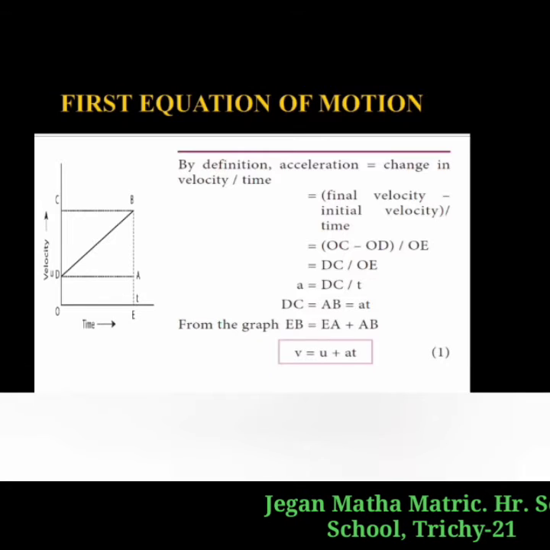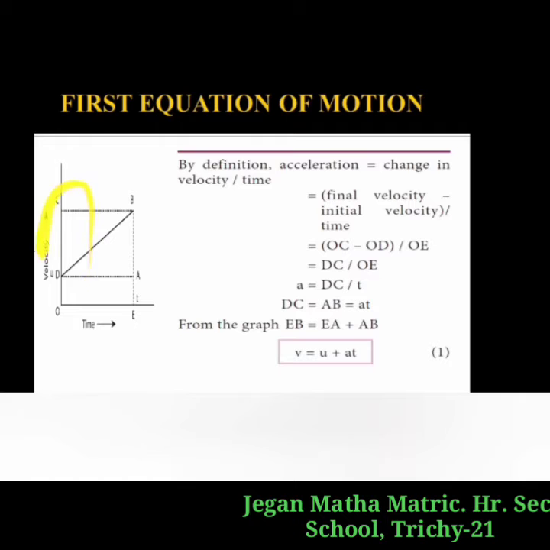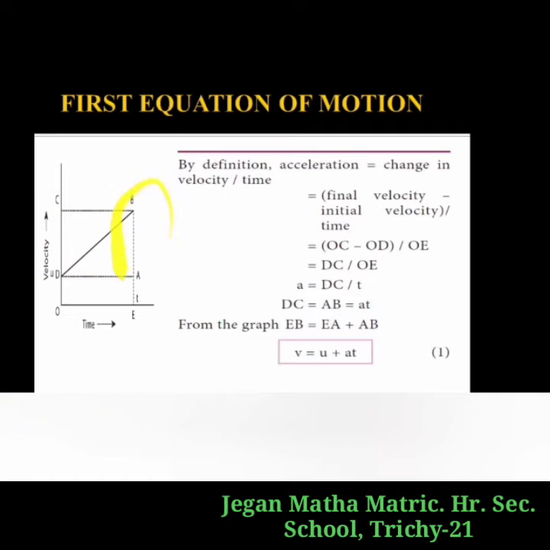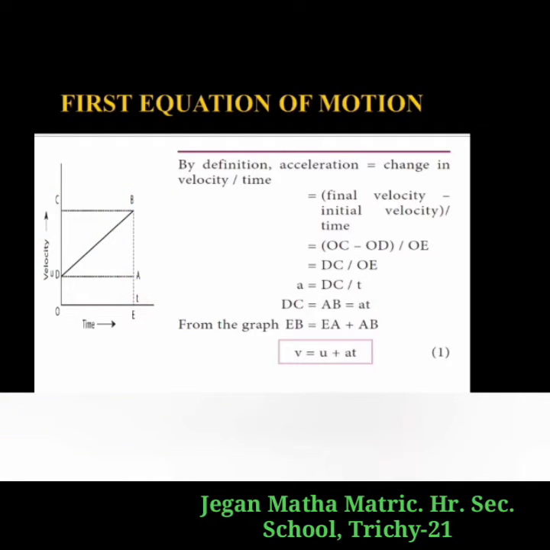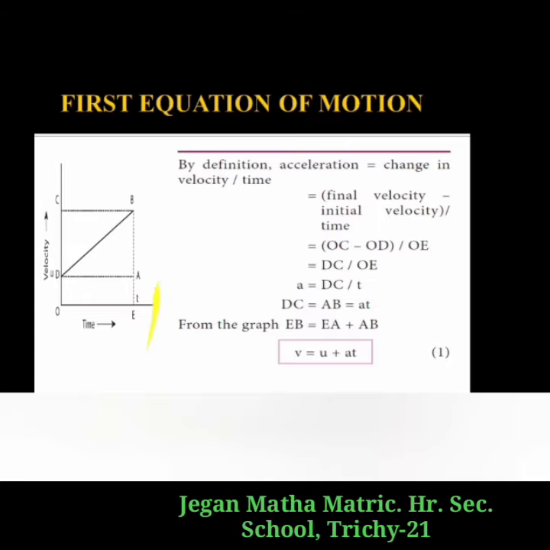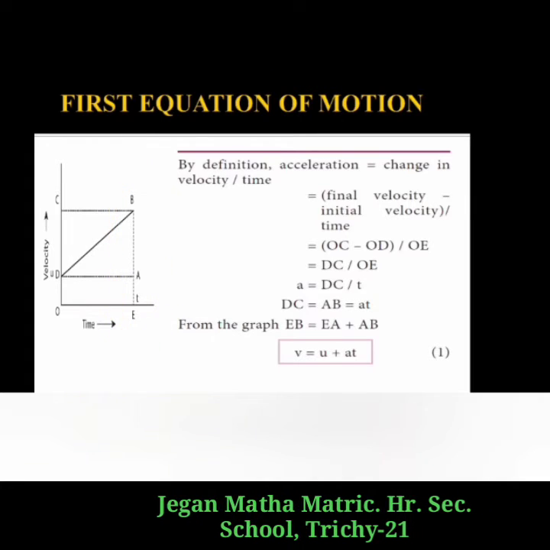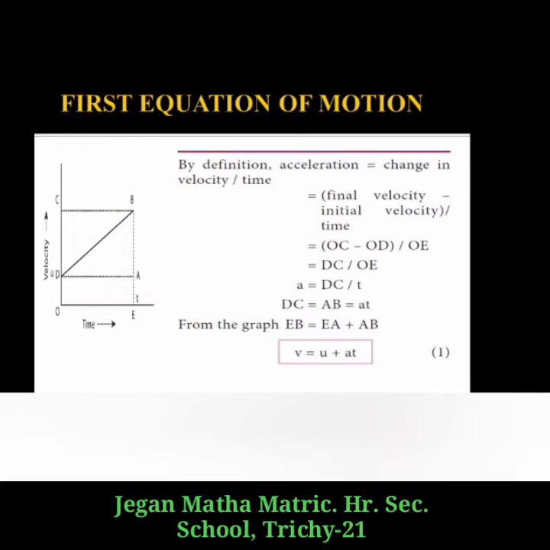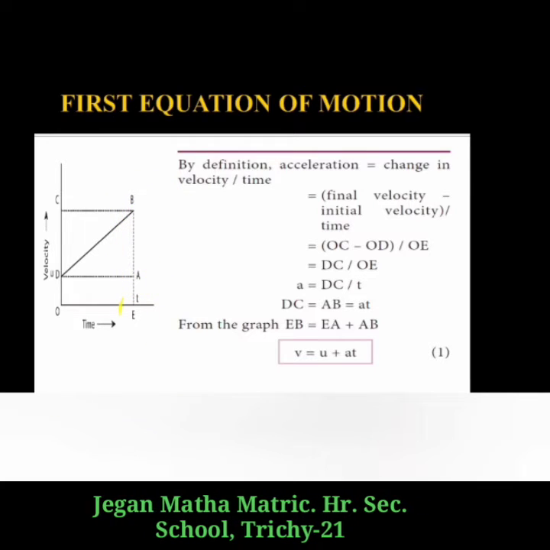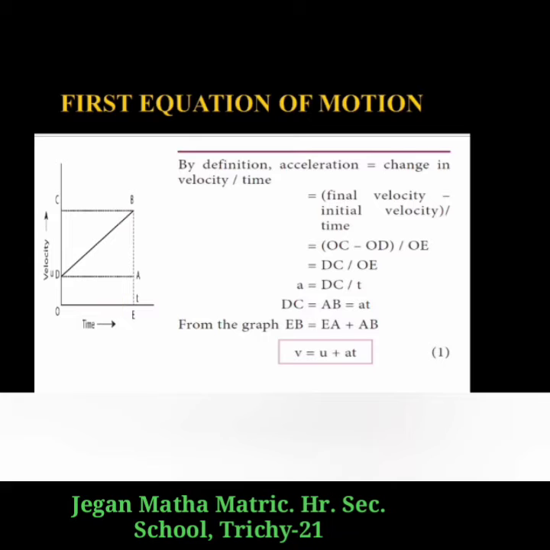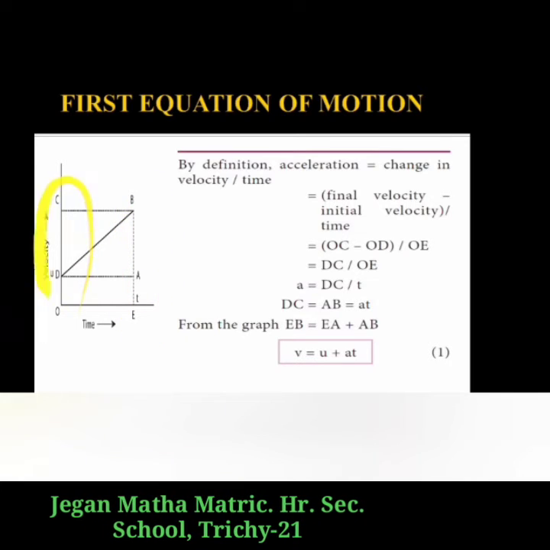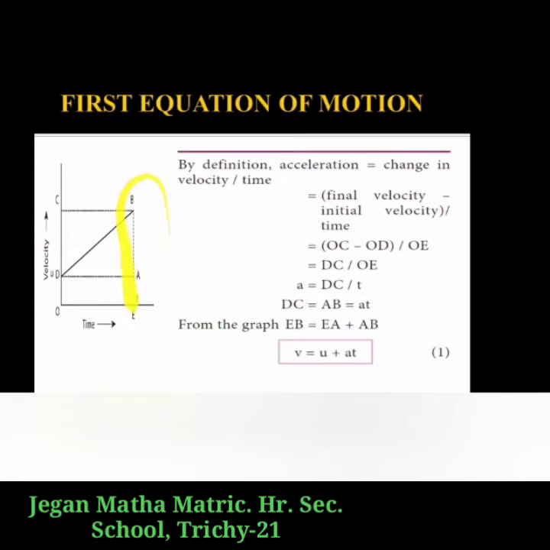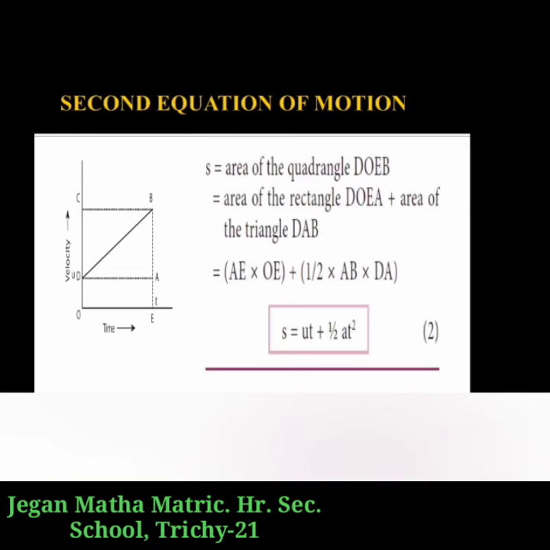So here we know that DC is equal to AB. From the graph, EB is equal to EA plus AB. EB, that is OC, is equal to v.